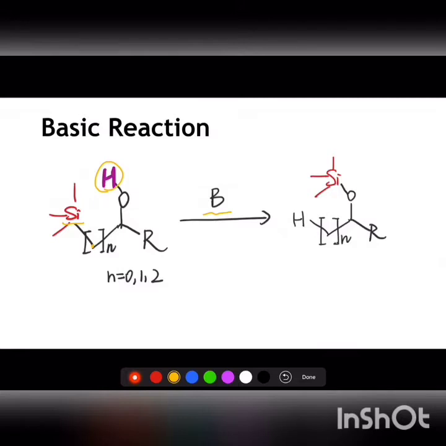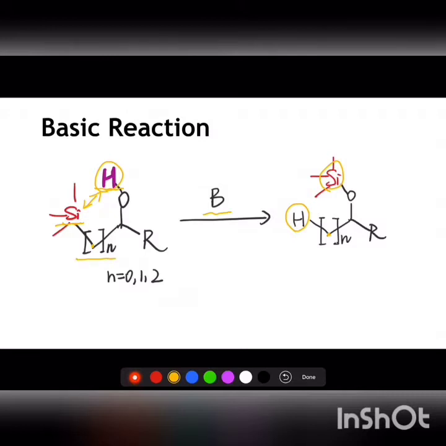On this oxygen, a silicon replaces the hydrogen, and a hydrogen replaces the silicon, right? So, in brief, the Brook rearrangement changes the positions of this hydrogen and this silicon. Change their positions, right? So what's the bracket here?